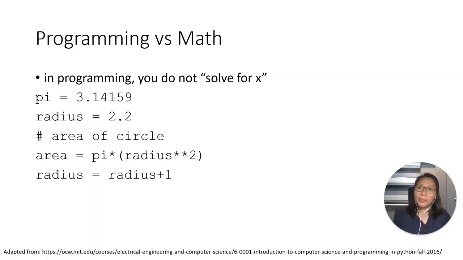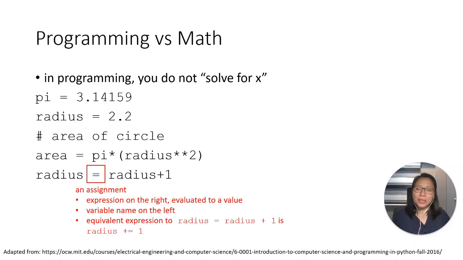And in programming, we have to remember that we do not solve for x. The equal symbol is an assignment operator, and it means that the expression on the right-hand side evaluates to a value, and that value is assigned to the variable name on the left-hand side.